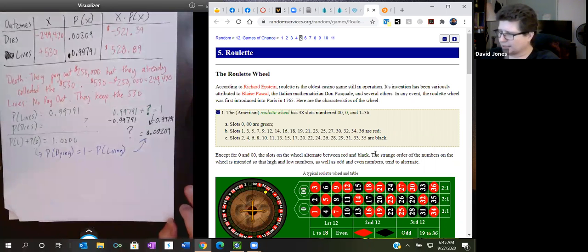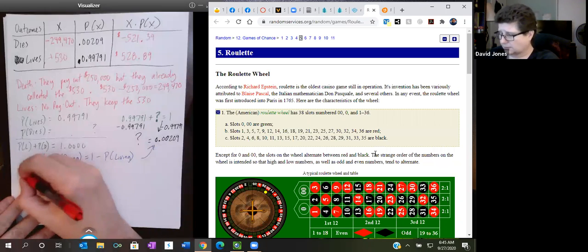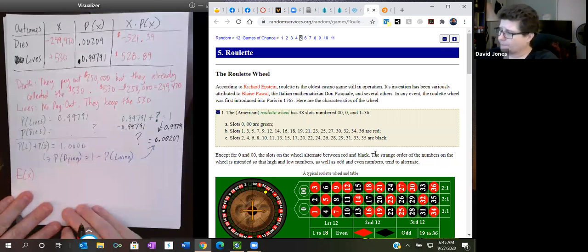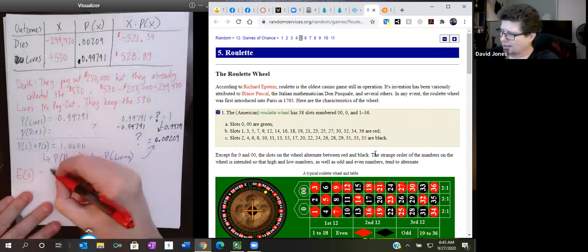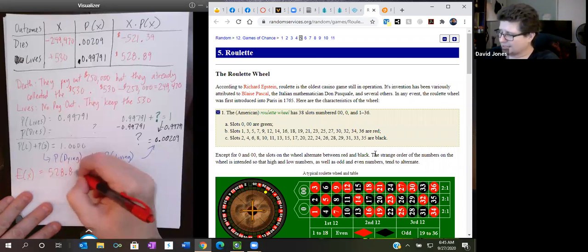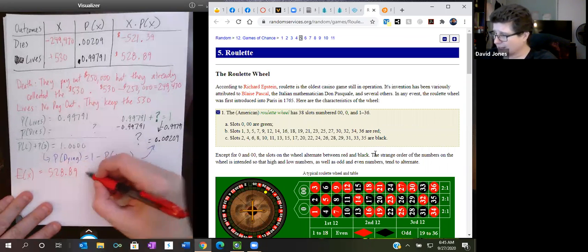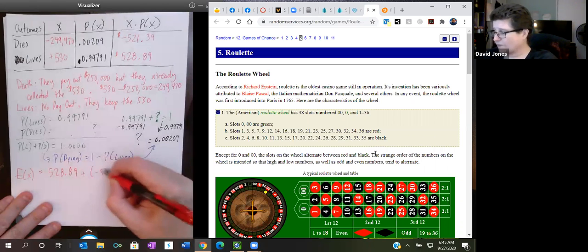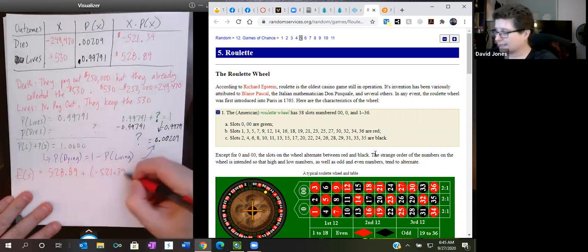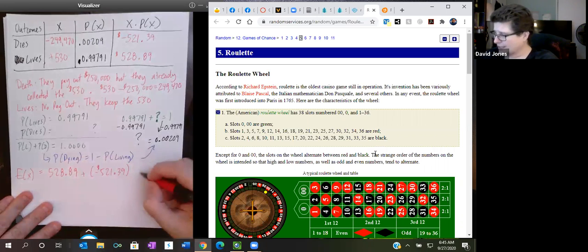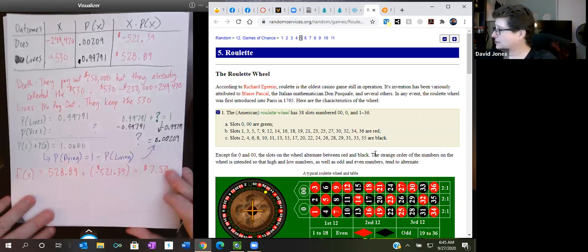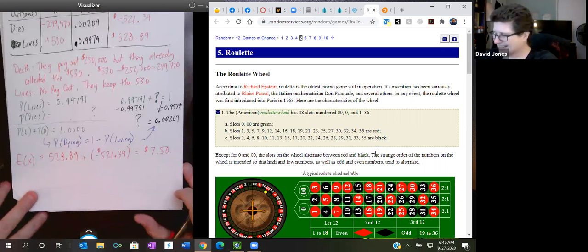So what's the expected value? Well, when she lives, they earn $528.89 in the long run. And if she dies, they lose $521.39. You add that up, it's only $7.50. Not a lot, is it?